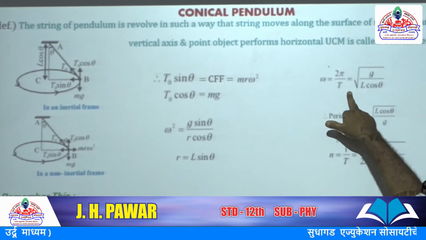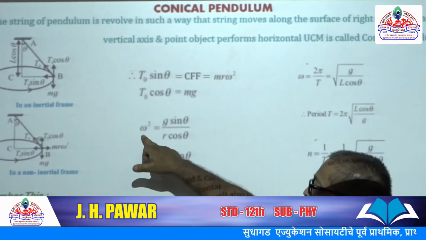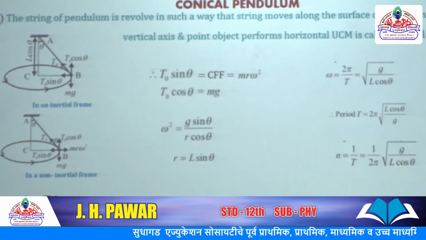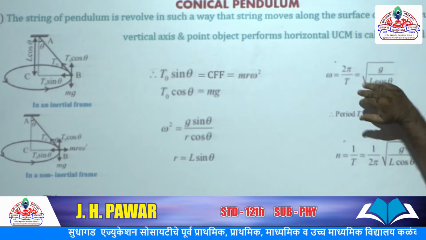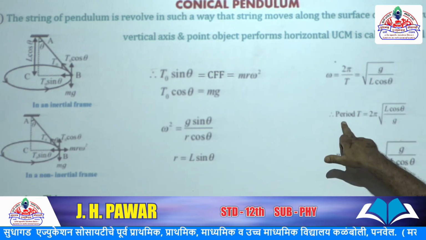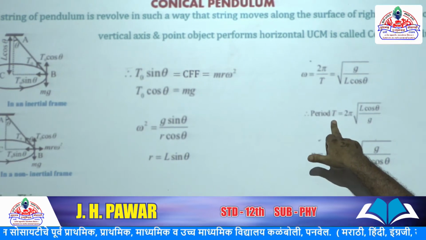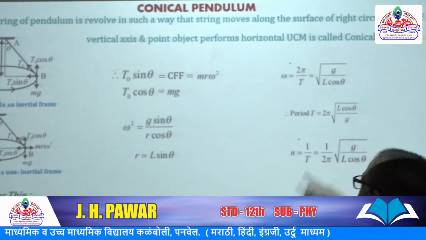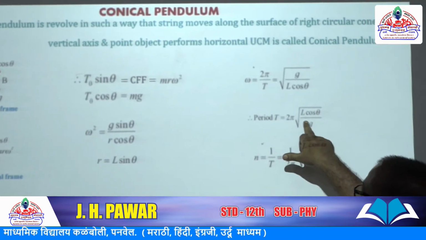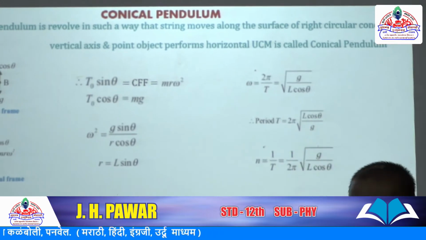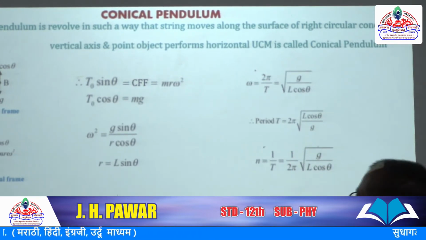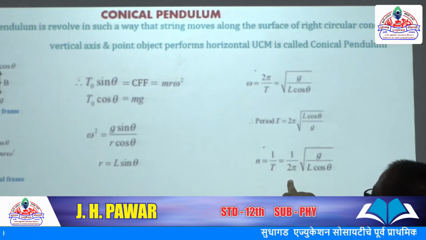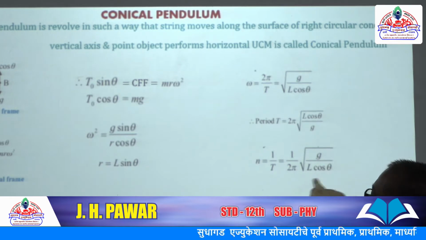Thereafter, omega equals the square root of G upon L cos theta. If we rearrange the terms, taking the reciprocal, the time period of revolution of the bob is 2 pi square root of L cos theta upon G. Taking the reciprocal of the period, we get frequency equals 1 upon 2 pi square root of G upon L cos theta.